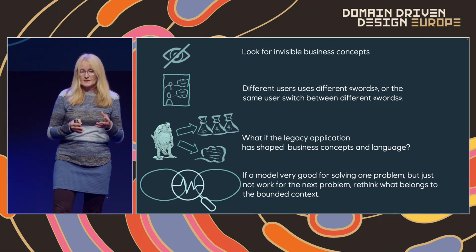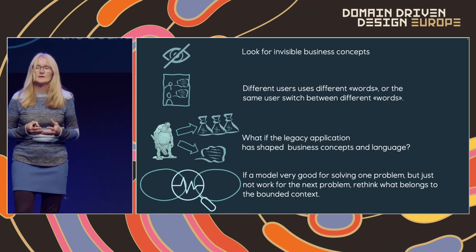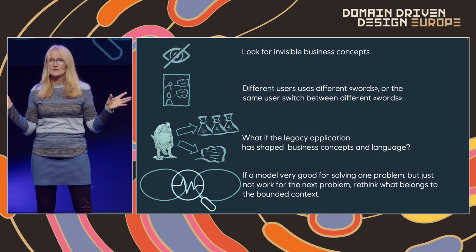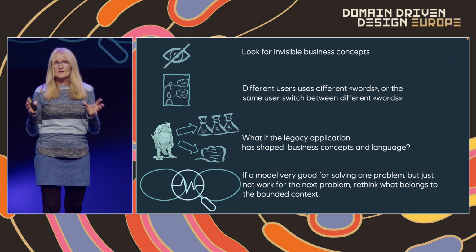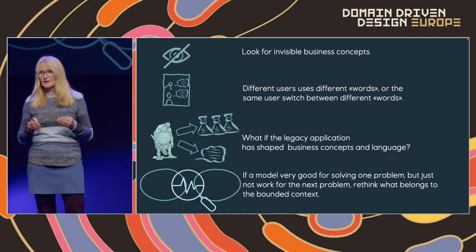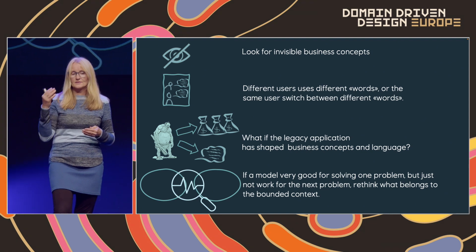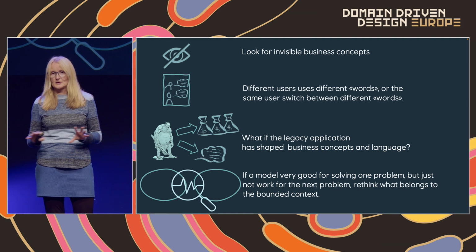And you could even be in a situation where you started out a bit wrong, where your splitting into different bounded contexts wasn't correct. I've been in a situation like this, and I really struggled to understand why I had such a hard time using my domain model. And it was not until the very, very end that I realized, okay, this should have been two different bounded contexts.